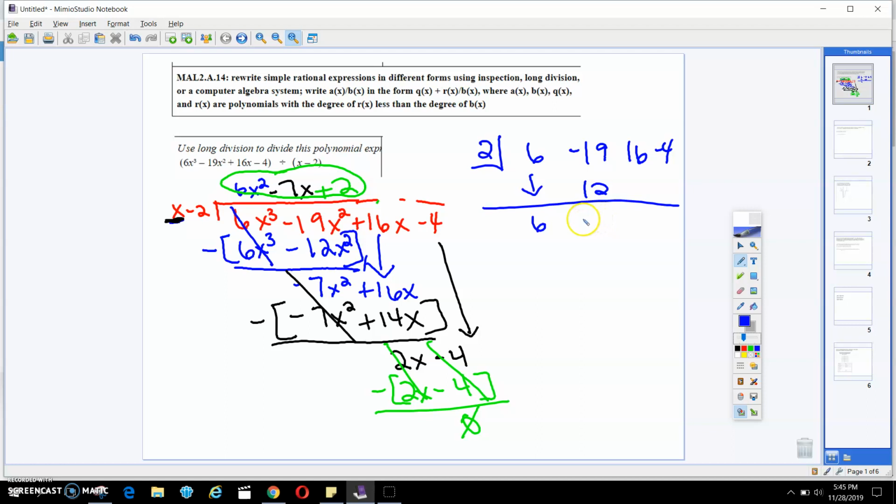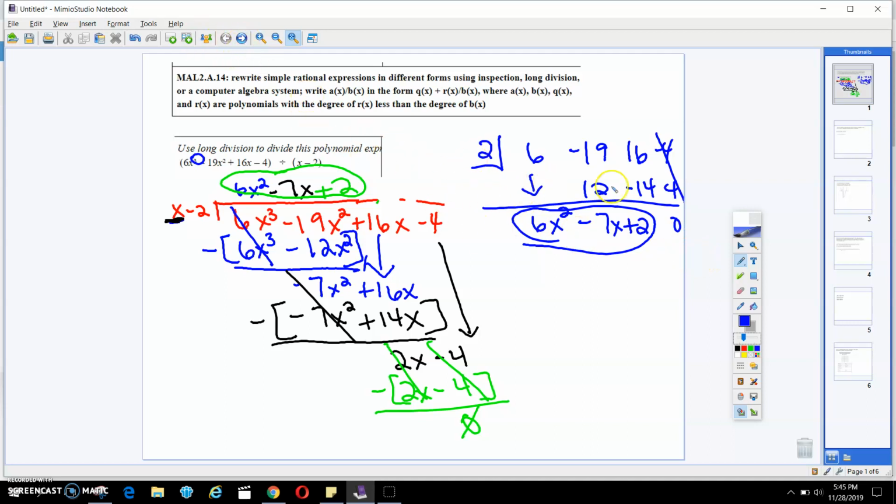Add those together. Multiply. Add. Multiply. Add. And then I'm going to write one less exponent than my leading term. So that's going to be x squared minus 7x plus 2. That's exactly what I got on this other one, and it took me like 2 seconds to do.